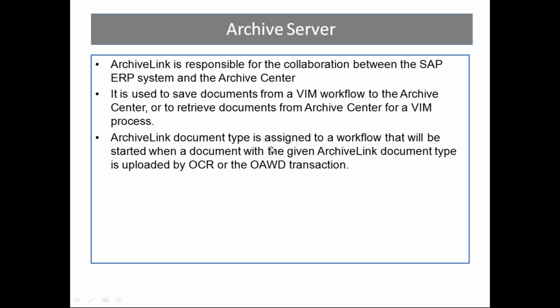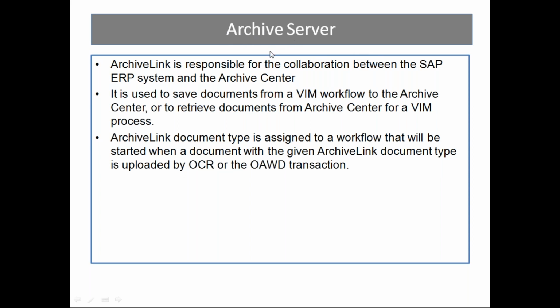This is the archive server. Mostly we will not have access to this server, but when we are doing the Vim implementation, we need to install this archive server and do certain configurations at the archive server end as well.